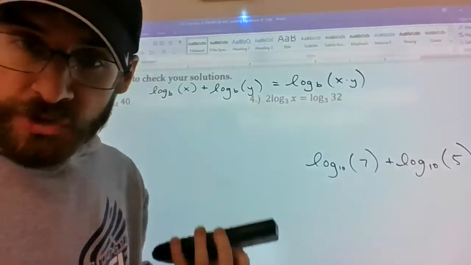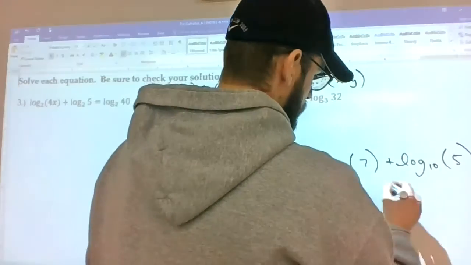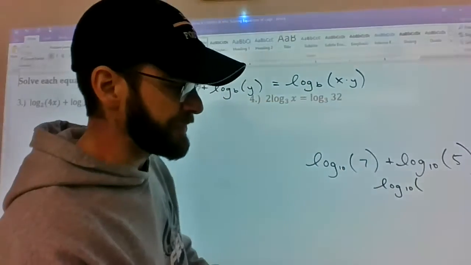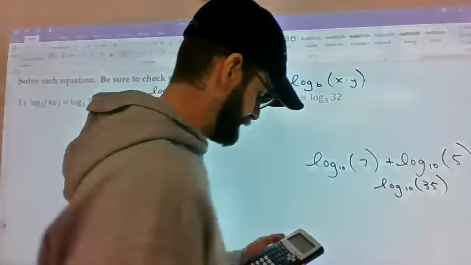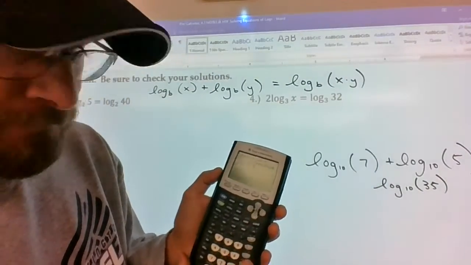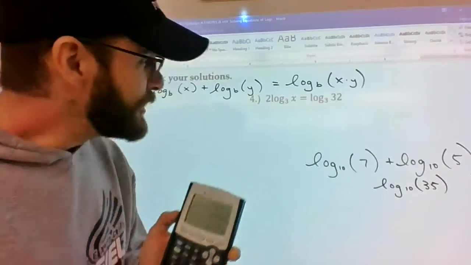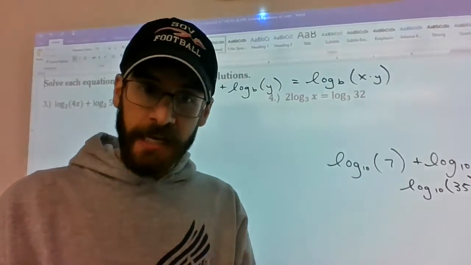Using the property I just unraveled for you, this would be log base 10 now of 7 times 5, 35. What's log base 10 of 35? It's the same thing.